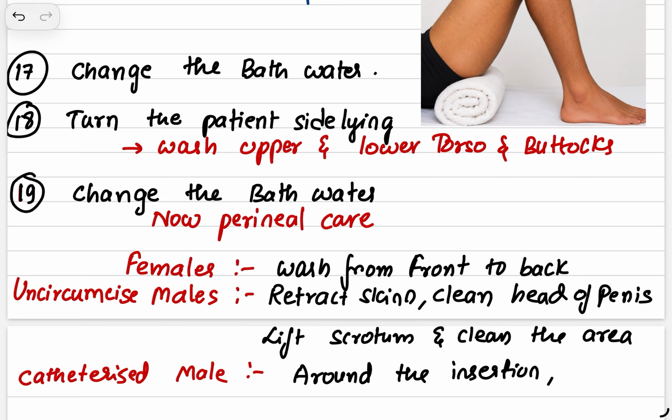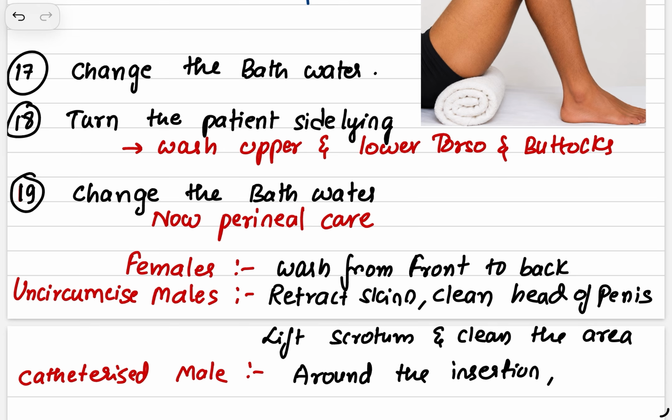Okay, so change the bath water and turn the patient to a side-lying position, and you need to wash the upper and lower torso. The back portion will be called the upper torso, and the lower portion you can say lower back or lower torso. Clear? Understood everyone?